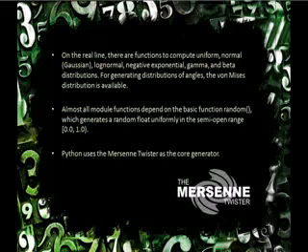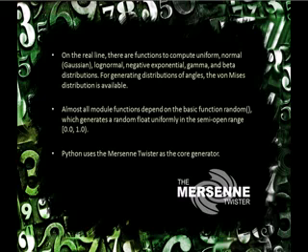On the real line, there are functions to compute uniform, normal or Gaussian, log normal, negative exponential, gamma and beta distributions. For generating distributions of angles, the von Mises distribution is available.